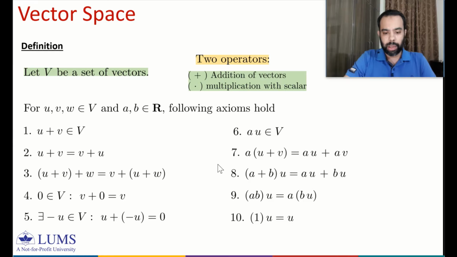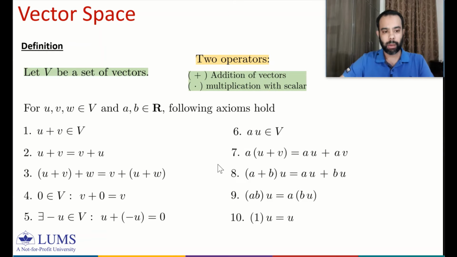Or 1 times u is u. So there's an identity element 1, you multiply by a vector, you get the same vector. So if you have a set of vectors V and two operators, addition of two vectors and multiplication by a scalar, and these 10 axioms hold for any such set V, we say V is a vector space.